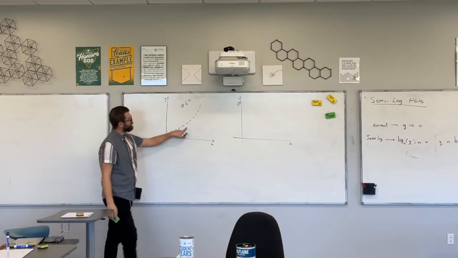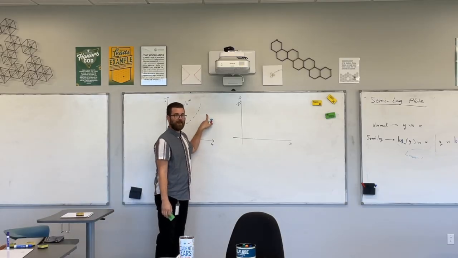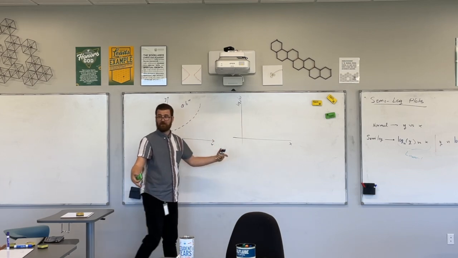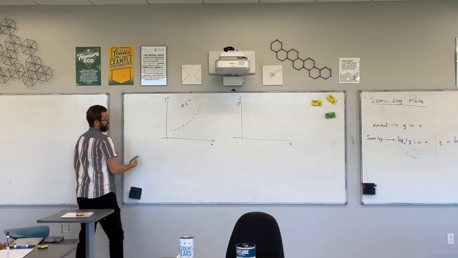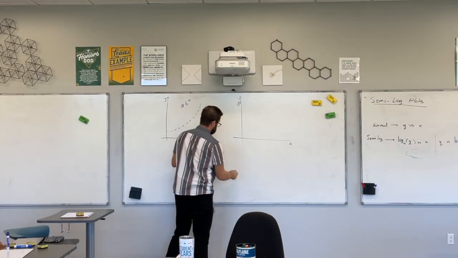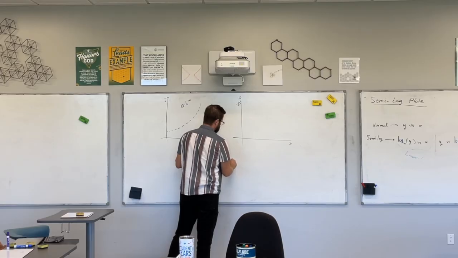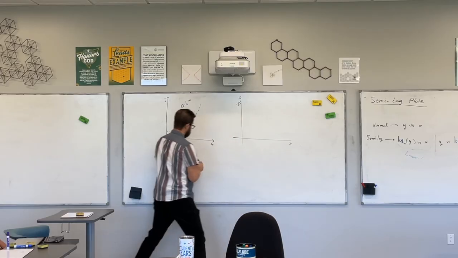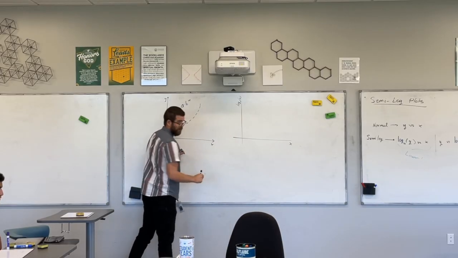So what happens to this curve in a semi-log plot? What does it do? It becomes straight, becomes linear. Make sense? Let me show, I'm going to prove that to you, at least hopefully I will. So imagine if you have our exponential, which is a times b to the x. Watch this.